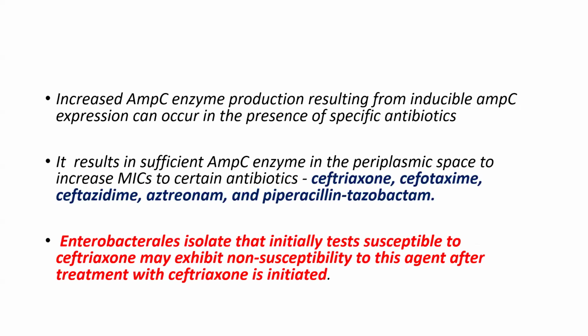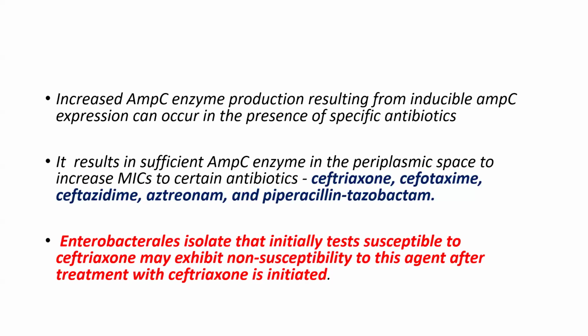This type of bacterial resistance is very smart, because first, if we isolate this organism, it will show susceptibility to a particular drug, let's say ceftriaxone. Then after starting this antibiotic, the bacteria will develop the AmpC enzyme, and that will increase the minimum inhibitory concentration of that antibiotic.